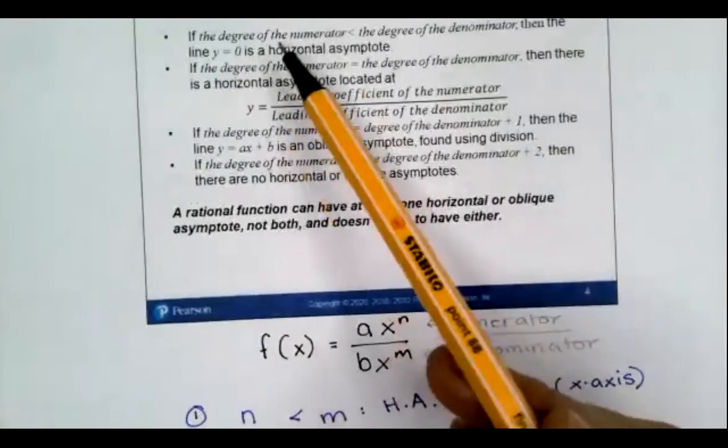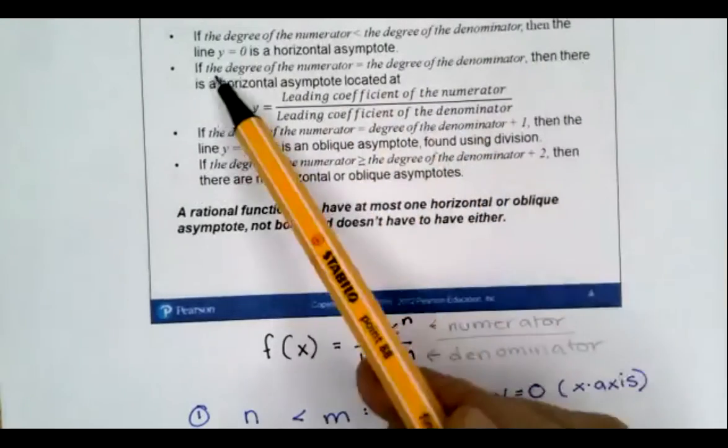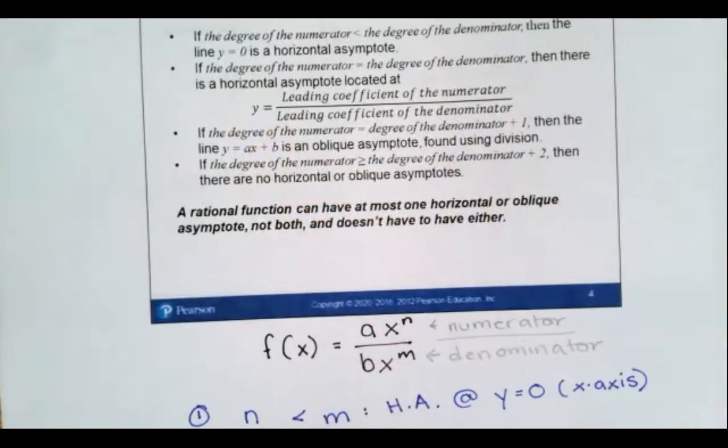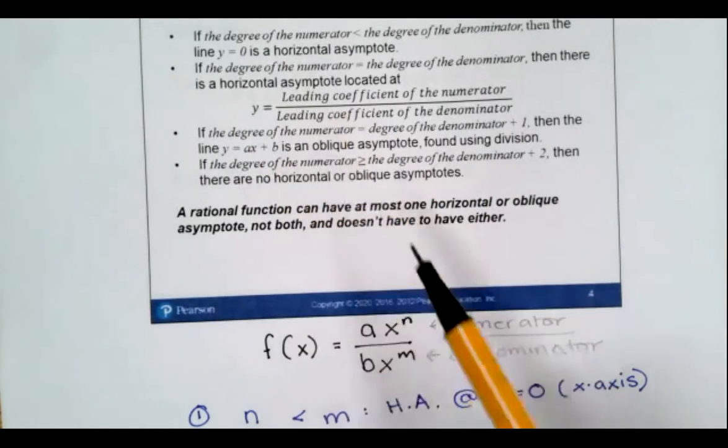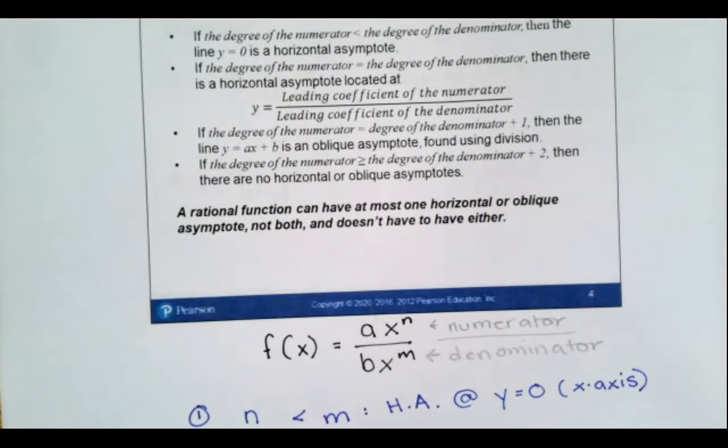If the degree of the numerator is less than the degree of the denominator, then the line y equals 0 is the horizontal asymptote. And it is important to know whether it's a horizontal asymptote or an oblique asymptote. So that's your first case.